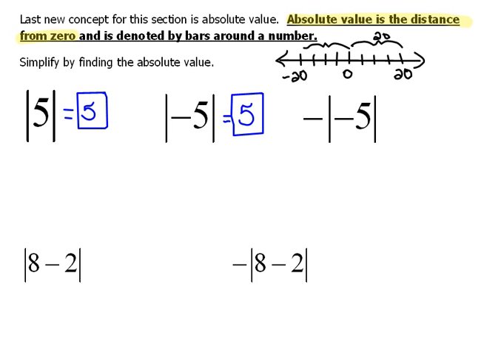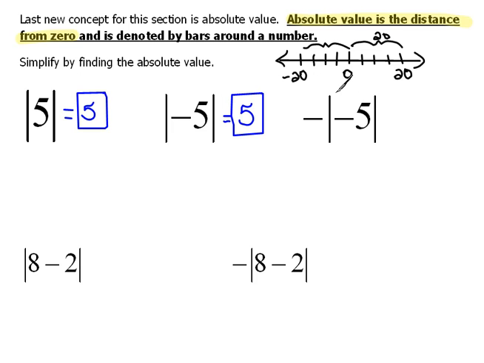Oh, be careful about that, because then you run into something that looks like this. This says the opposite of the absolute value of negative 5. Or you could think about it as saying negative absolute value of negative 5. Well, absolute value bars work very, very much like grouping symbols do.